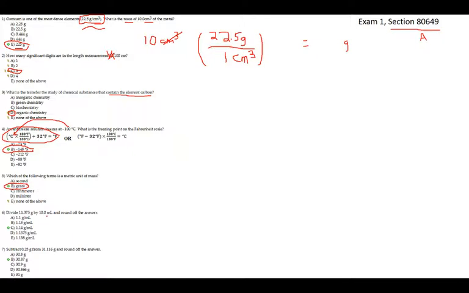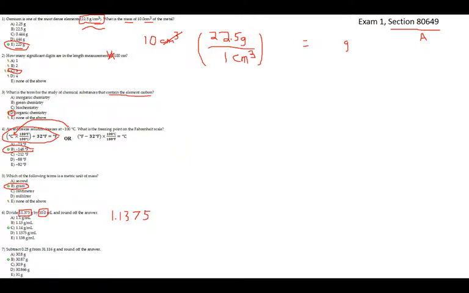Number 6 is a rounding in sig figs question. Dividing 11.375 by 10, you get 1.1375, and then go back and review the rules for addition and subtraction versus multiplication and division. For multiplication and division, which we're doing here, our final answer must be limited by the number of sig figs in the things that we're dividing. 10.0 has 3 sig figs, 11.375 has 5 sig figs.